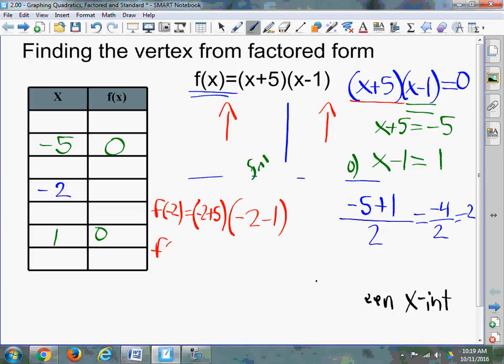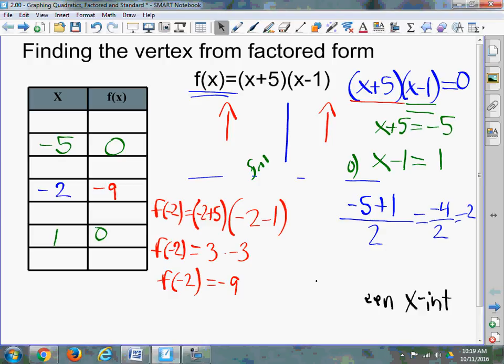So f of negative 2 is equal to positive 3 times negative 2 minus 1, which is negative 3. And a lot of times you'll see that for the vertex, the two numbers will repeat. Like we have 3 and negative 3, or you might have 3 and positive 3. Right, so f of negative 2 is negative 9, meaning the lowest point, or the vertex, is the point negative 2, negative 9.